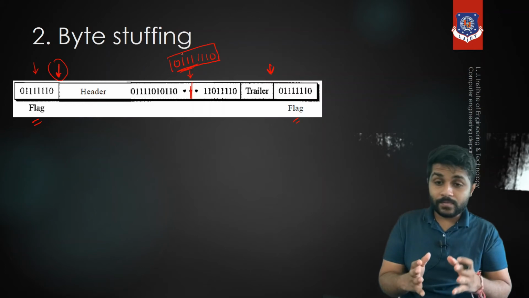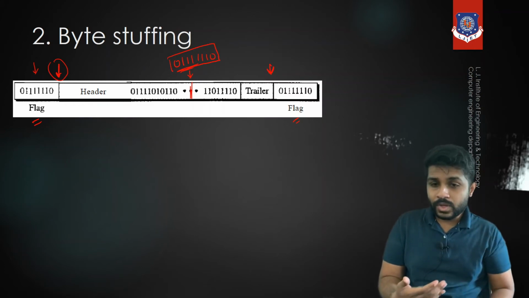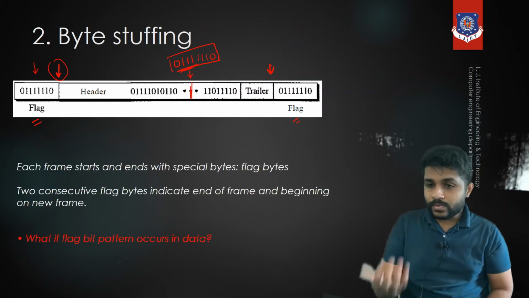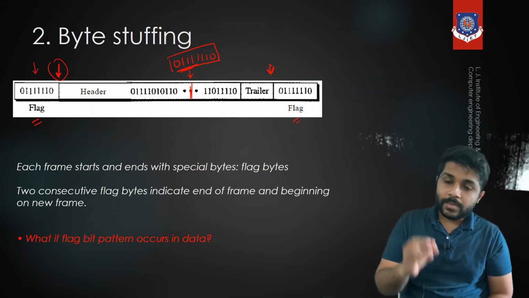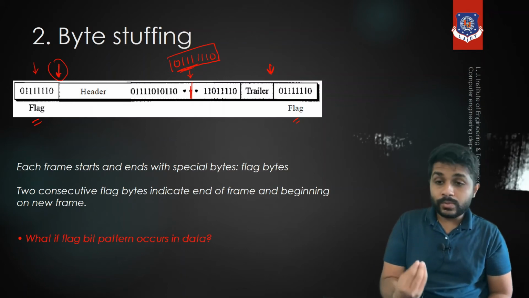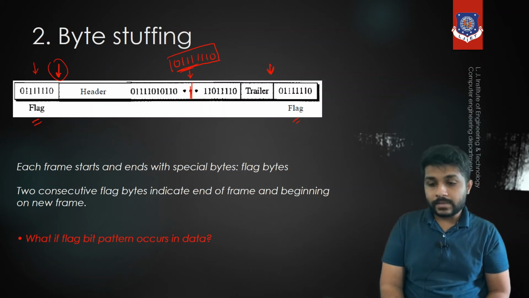So the frame will be broken and it will get corrupted. So you know that byte stuffing has some disadvantages, but there are some methods using which we can eliminate this problem in byte stuffing.